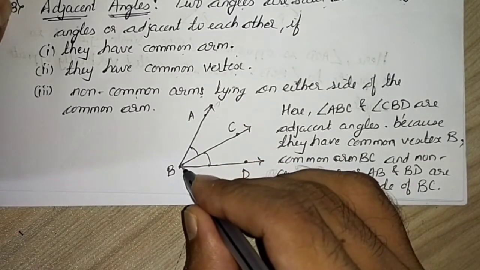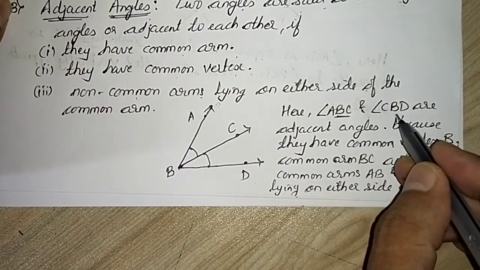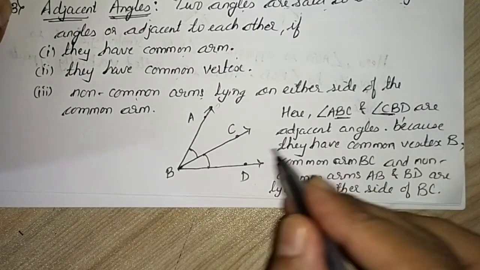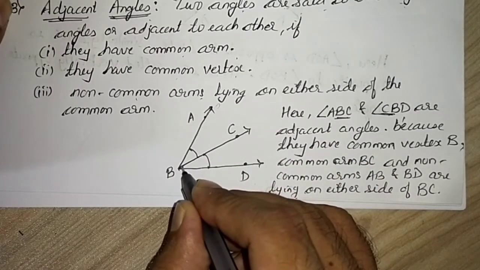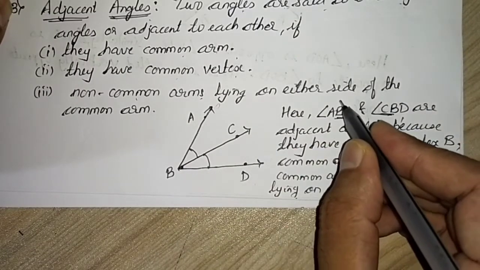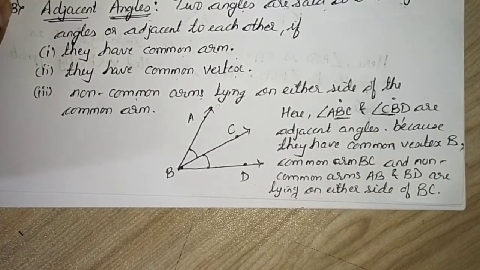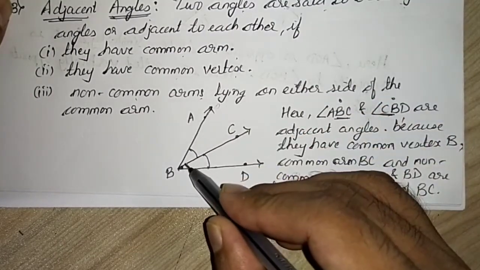The common arm between them is BC. See, ABC also has BC, and CBD also has BC. So they have a common arm. They have a common vertex also, that is B. B is the common vertex between them. And the non-common arms, let me show you. Non-common arms means the ones which are not common.